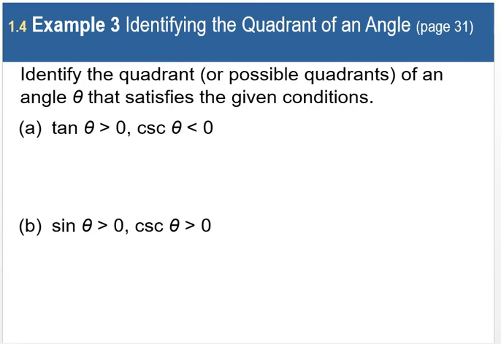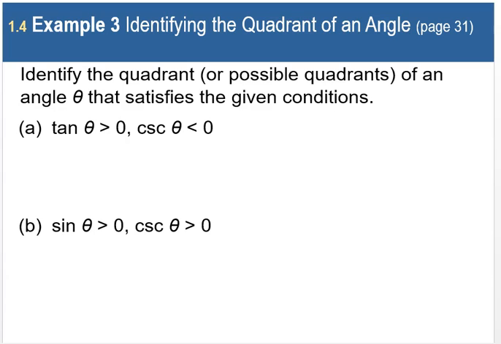All right, here in example 3, it's kind of like we're going to be doing this in reverse. So we're going to figure out what quadrants these examples are possible in with these conditions that we are given. So identify the quadrant or possible quadrants, because there might be 2 quadrants, of an angle theta that satisfies these conditions.